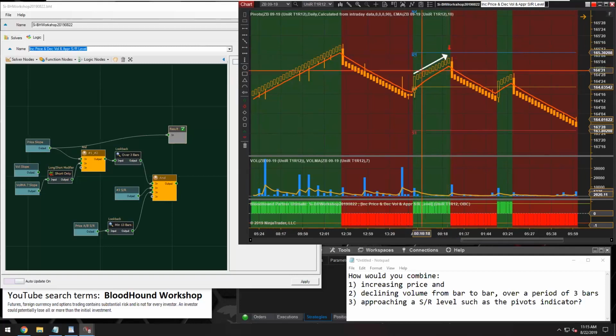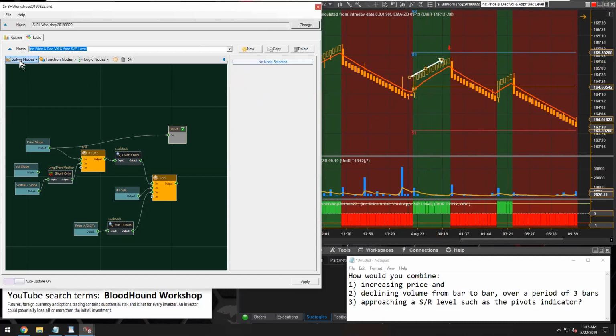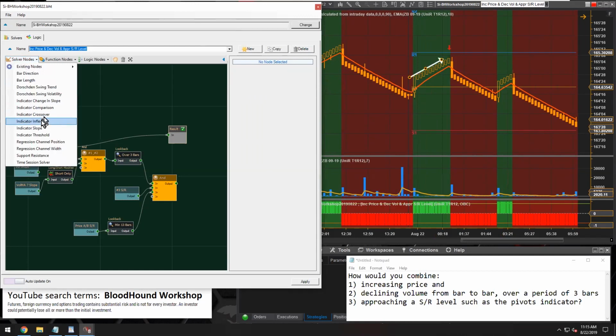So price is moving up, and of course we can see from the output that we're getting a long output when price moves up, right? Because again, keep in mind that solvers' outputs are defaulted to work with the trend, to give you an output going with the trend.